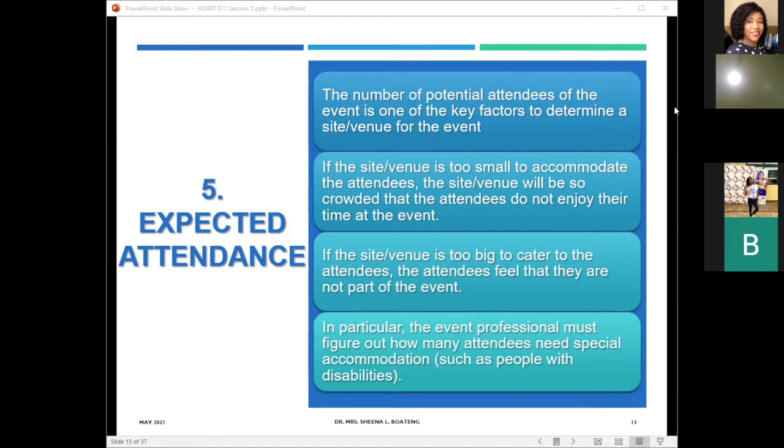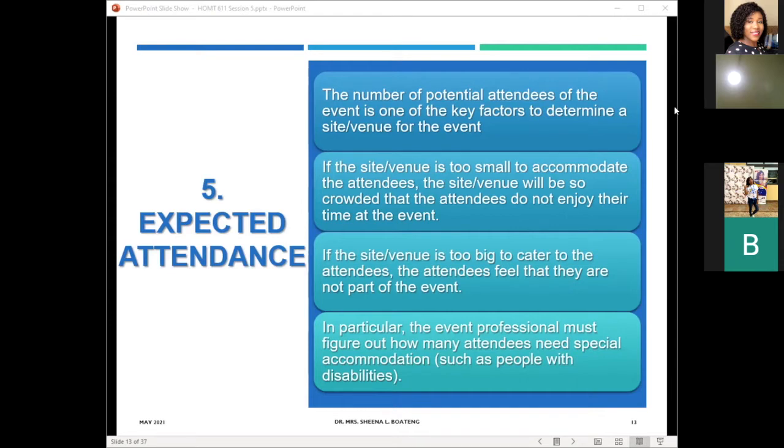You need to think about all these people in selecting a site, because if you select a site that does not have the ability to prepare varieties of food, to take into consideration the different kinds of attendees who will be present, including those who have allergies, you may have problems as an event professional.